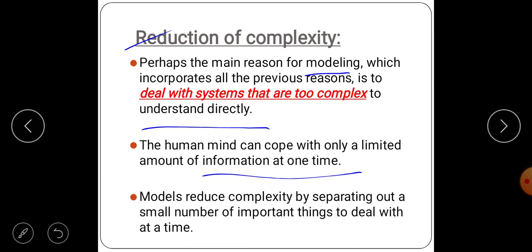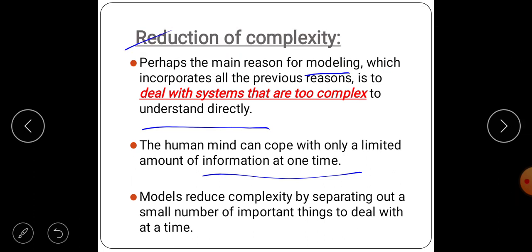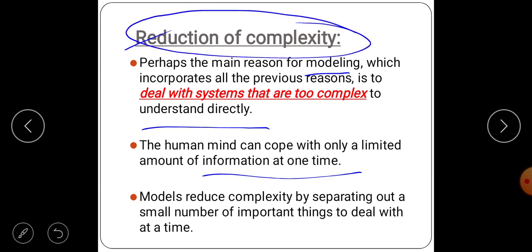Like that he will show, but he will not explain in detail how we build the TV, what components we use to build it. That is not explained. Only the important things are explained. Why do they do this? To reduce the complexity of the system.